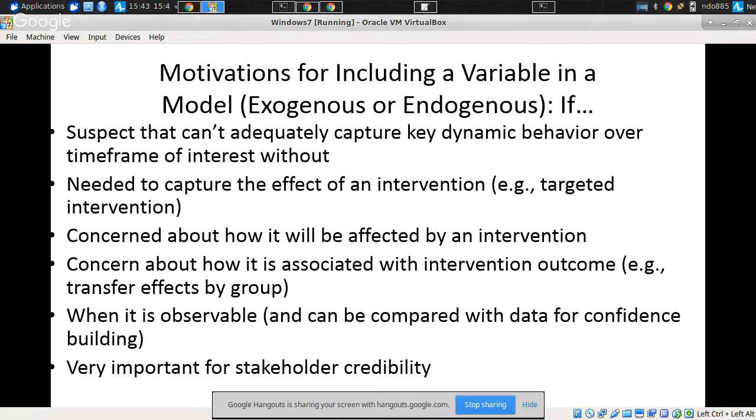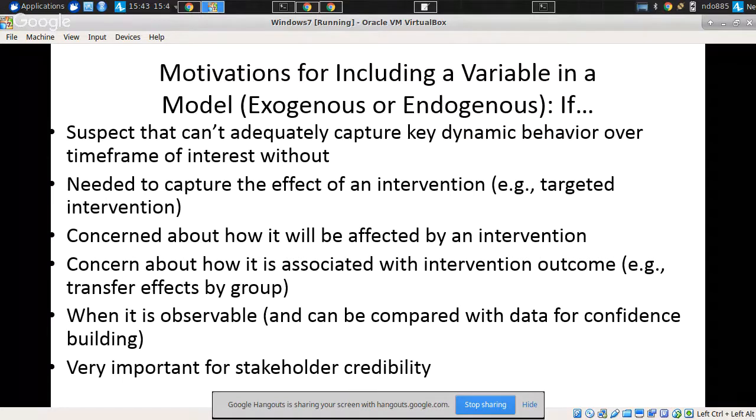And what do I need to have the model represent to capture behavior over time that I'm interested in? Without susceptible, infected, and recovered being categories in that first model, it would be hard to capture the dynamics of them.